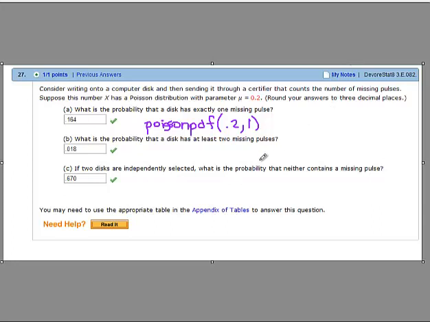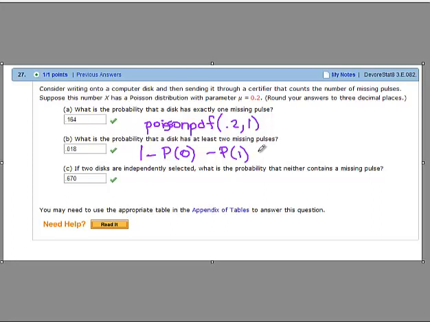Probability of at least 2 means 2, 3, 4, 5, and on and on and on. So I'm not going to do all of those. Instead, what I'm going to do is 1 minus the probability of 0, and also minus the probability of 1, and that would give me at least 2.